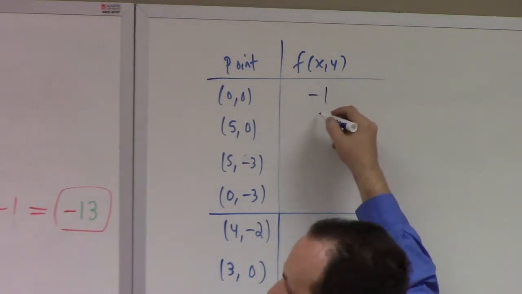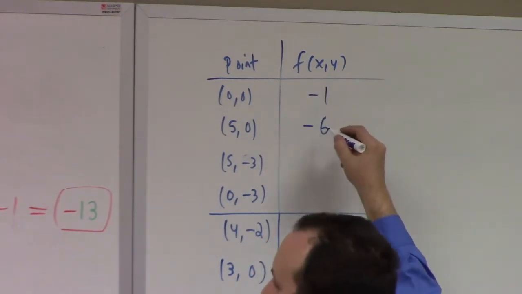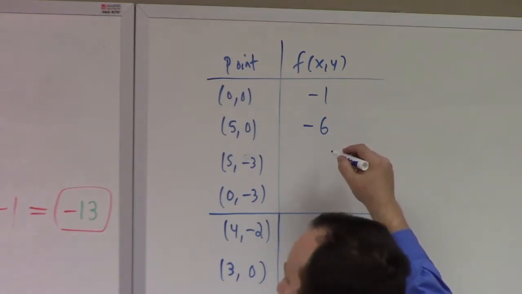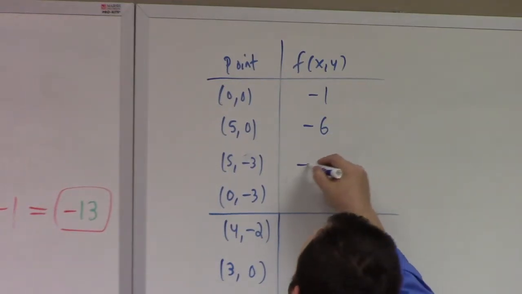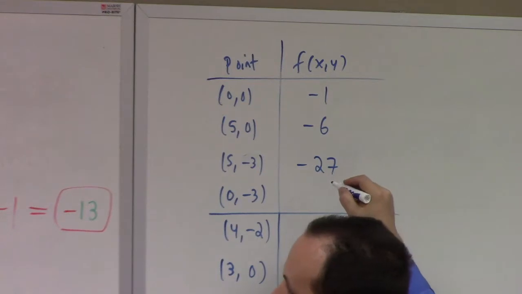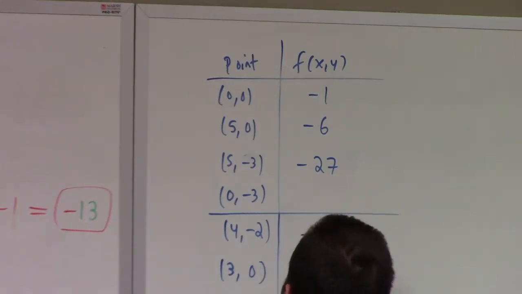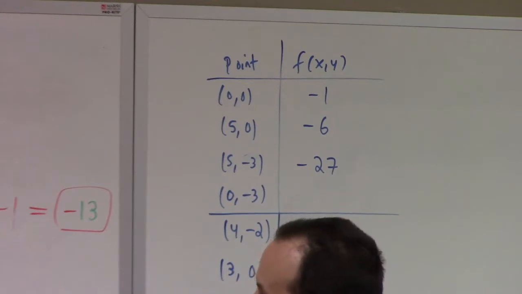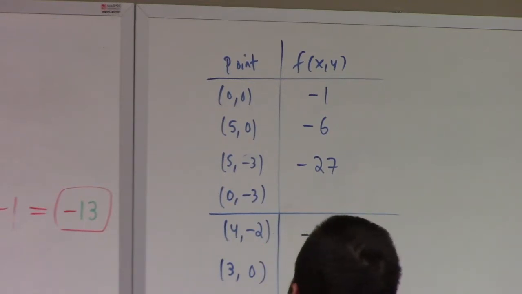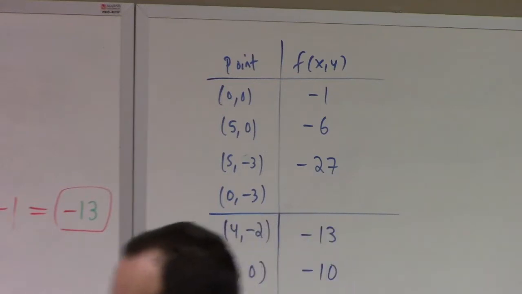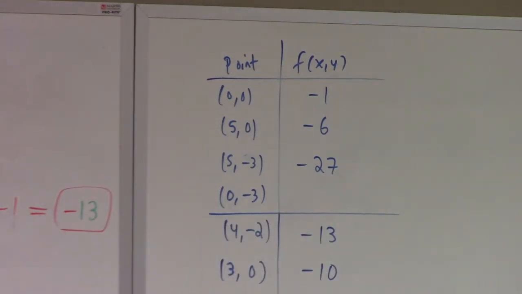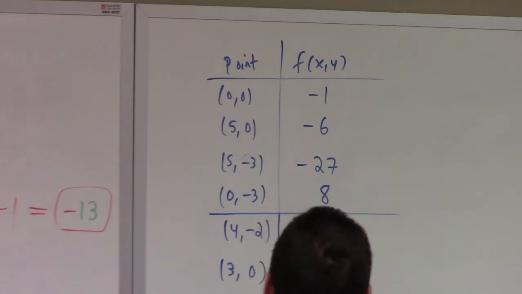Minus 1, 5, 0, minus 6, 5, minus 3, negative 27, thank you, 0, minus 3. Okay, so I'm just going to start keeping track of them over here where we can see them all nice together.